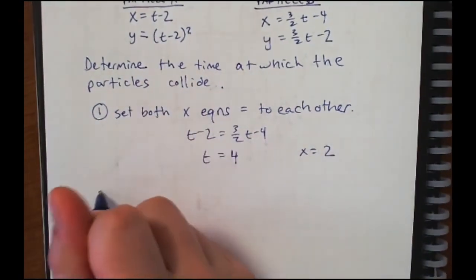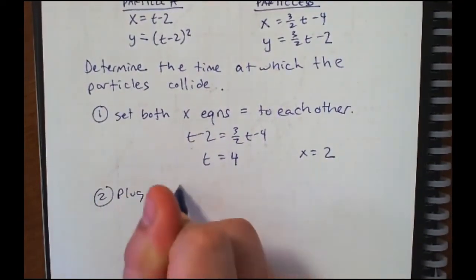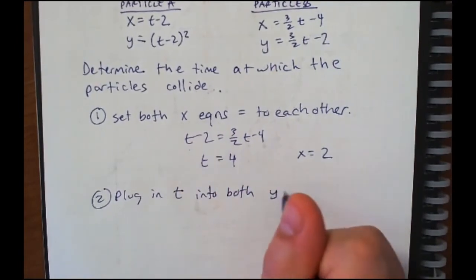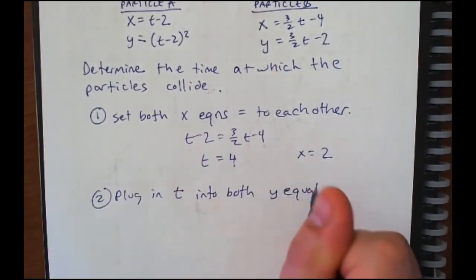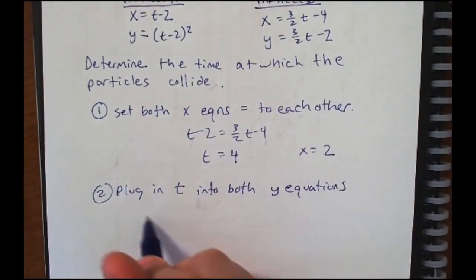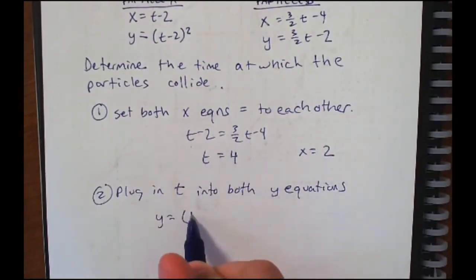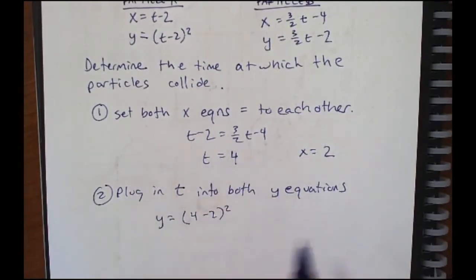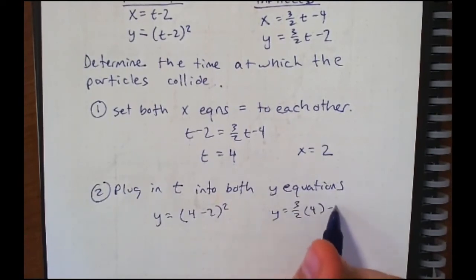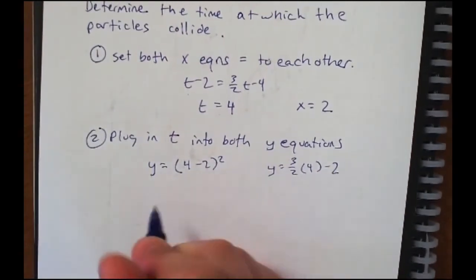So the second part of this process would be to plug t into both y equations. All right, so I've got y equals (t minus 2) squared, which I'm going to use 4 for, and I've got y equals 3/2 times (t minus 2). 4 minus 2 is 2, 2 squared is 4, so I get y equals 4.